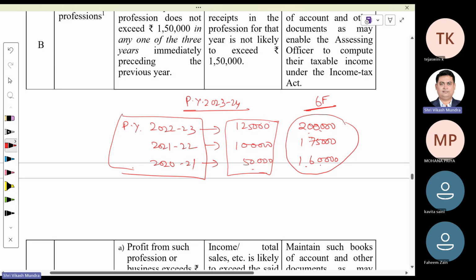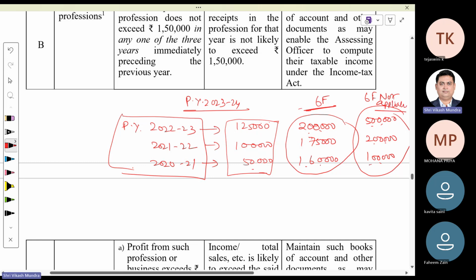Suppose my gross receipt from my profession in 22-23 was 5 lakh, in 21-22 it was 2 lakh, and in the earlier year it was only 1 lakh. In this situation, since gross receipts from my profession in the last 3 years do not all exceed rupees 1 lakh 50,000, hence I am not required to follow Rule 6F. 6F not applicable.